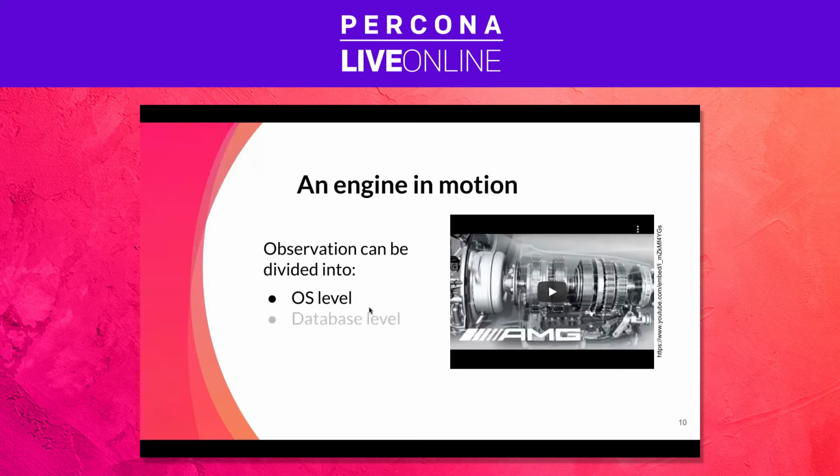And on the other side, there is the database level, where we can observe how MySQL is performing with queries such as the popular SHOW ENGINE INNODB STATUS and SHOW PROCESSLIST, but also other tools. So pt-stalk, which is another tool from the Percona Toolkit, automates this whole data capturing process for us. And it is our main tool for this kind of job.